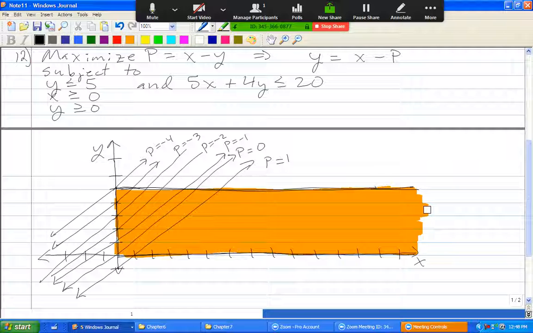Here, I have that y is less than or equal to -5/4 x plus 5.